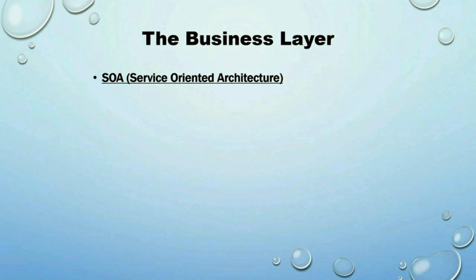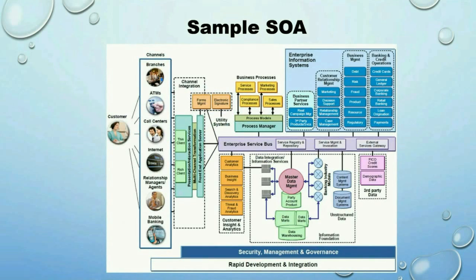SOA stands for Service-Oriented Architecture, which is a fairly popular term these days, which specifies at the organization level how do different subsystems work together to deliver value to its outside world. Let's take a look at one example.